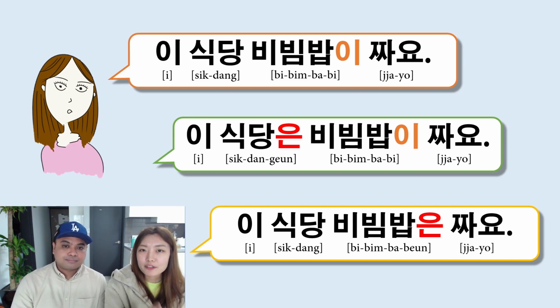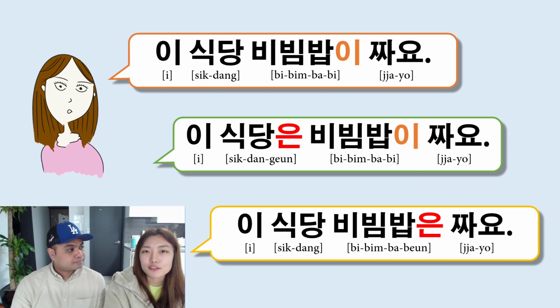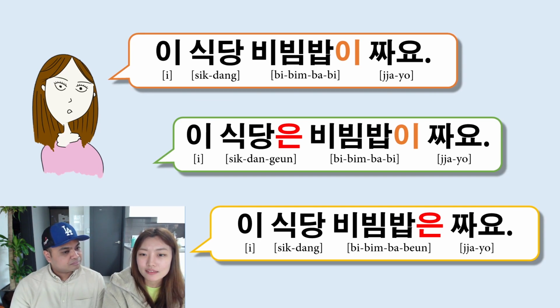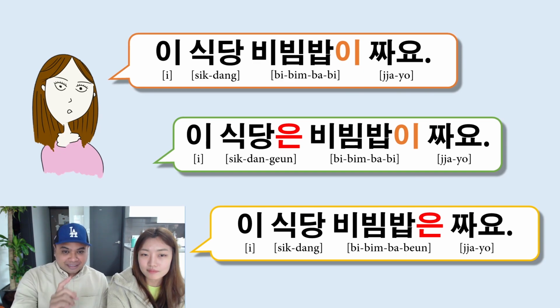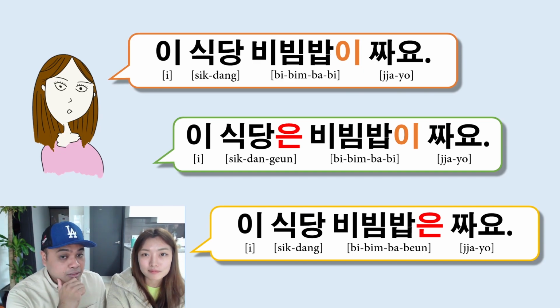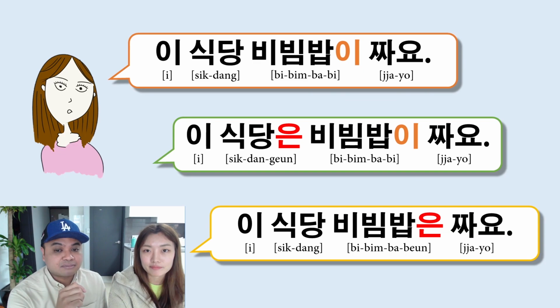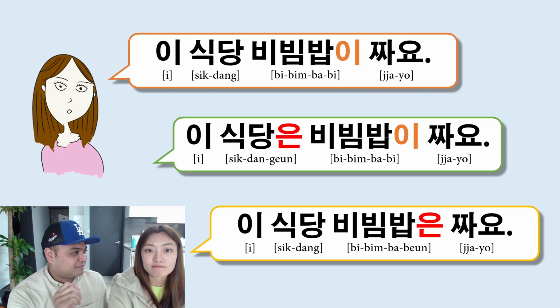And if you're confused about some sentence, then write it down in a comment. Yeah, we can explain it. There are actually a few more nuances with 은는, but let's not go over those. I think these are good enough for now, right?